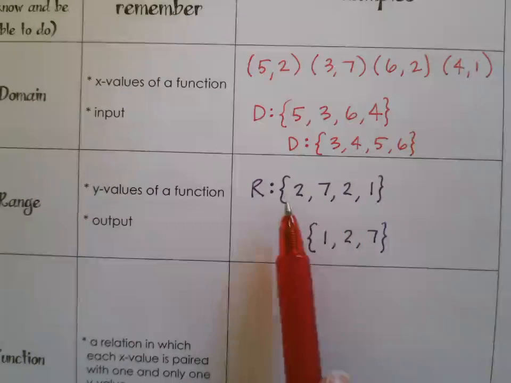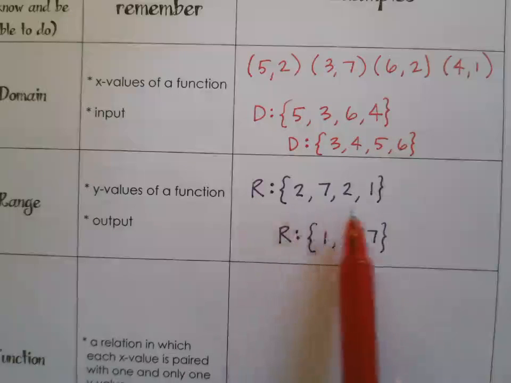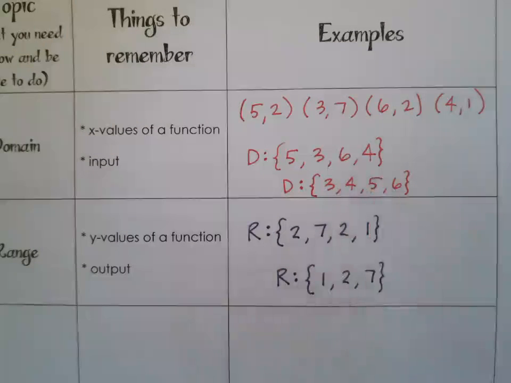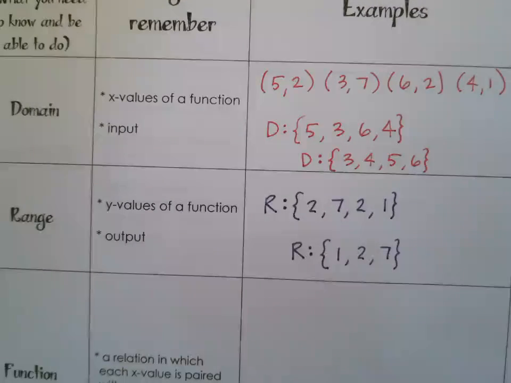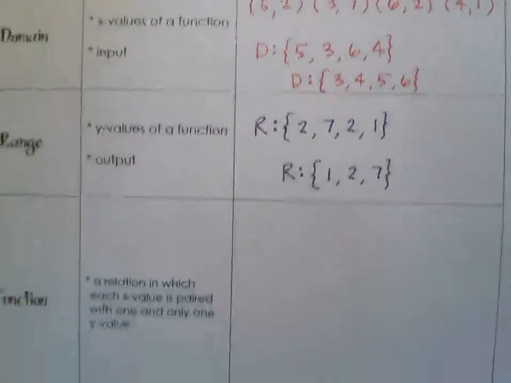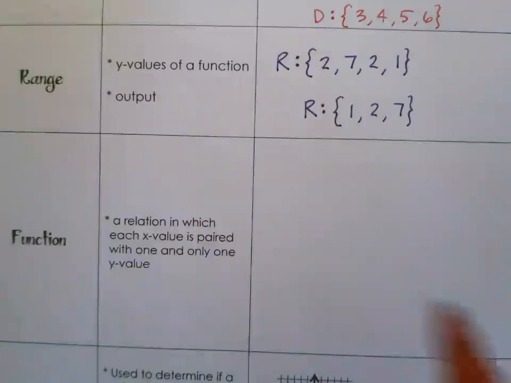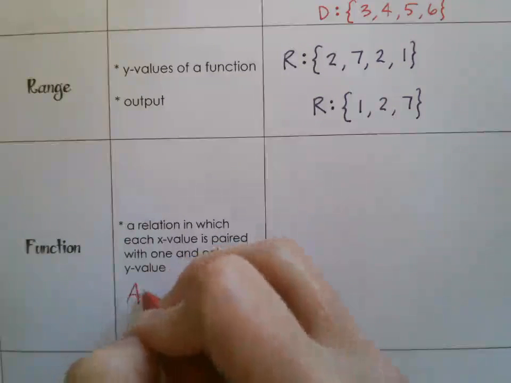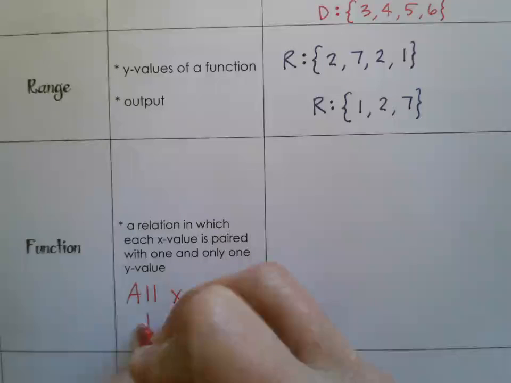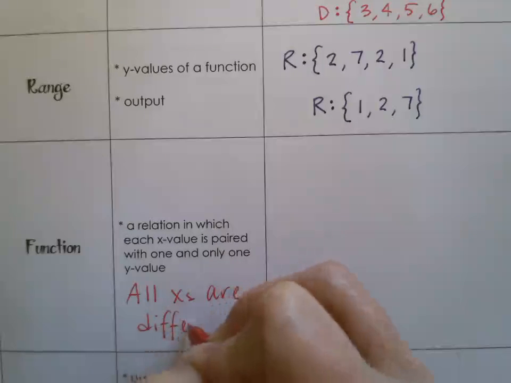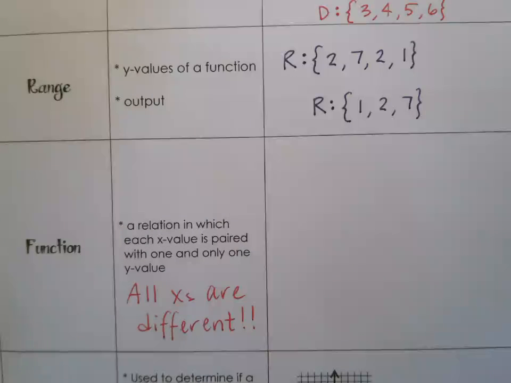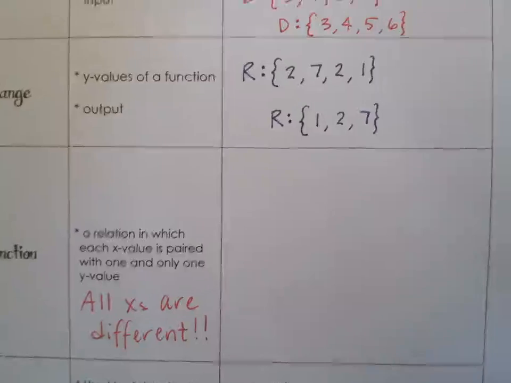As you noticed right here, we had a repeat in our y values, but we did not have a repeat in our x values. So that would mean that this set of points right here would be a function. So what you want to do is make sure that all x's are different. If all x's are different, then you have a function.